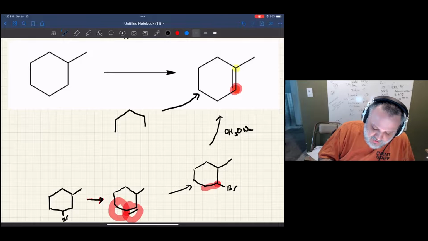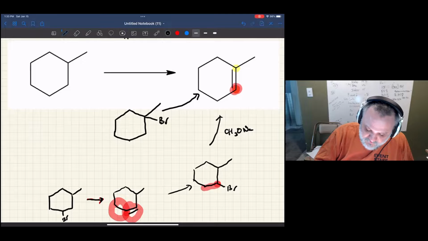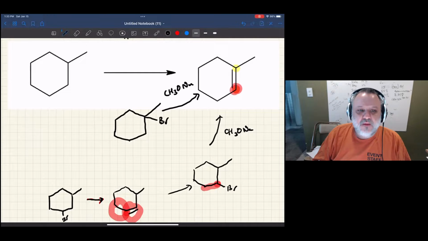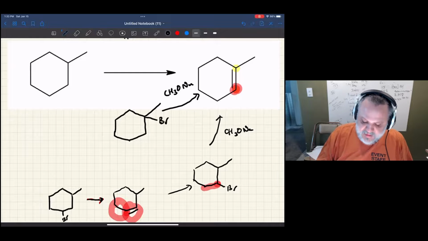I could have had a leaving group in that yellow location. I would still just use some sort of methoxide or something like that in order to get the Zaitsev product. So the question is, how would I put a bromine at that location?